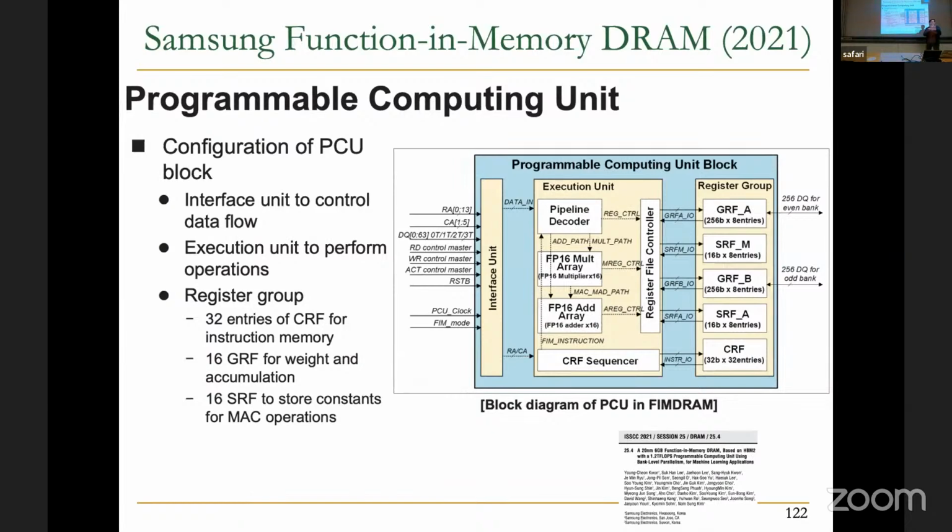Because there is a lot of regular data parallelism there, that's why it makes sense to use SIMD units. That's why you can see here adder times 16, multiplier times 16, because these are SIMD units with 16 lanes. So you can operate on 16 elements at the same time.